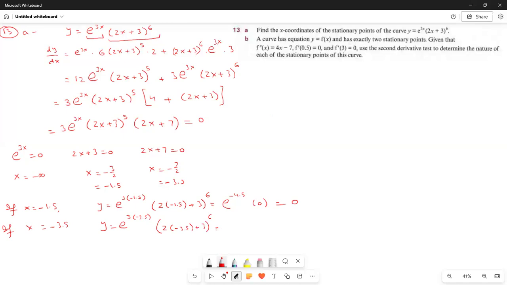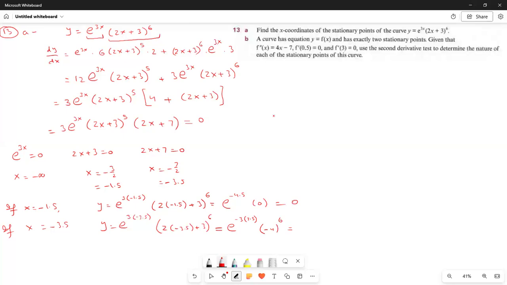So this is going to be e to the power minus 3 times 3.5, and here I will have 2 times 3.5 is 7, minus 7 plus 3, this is (minus 4) to the power 6.